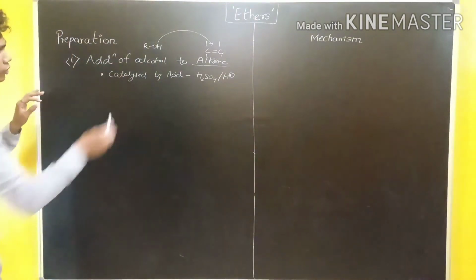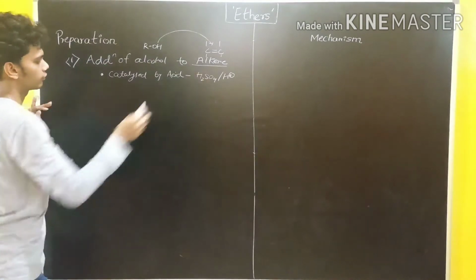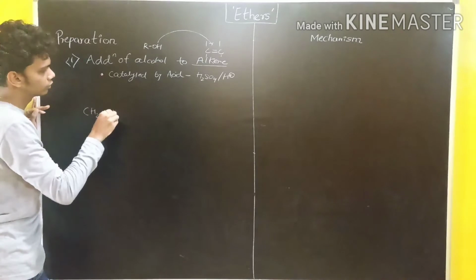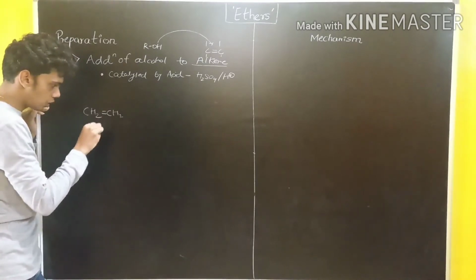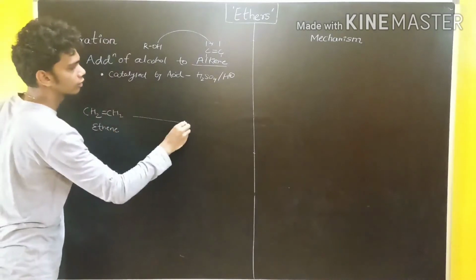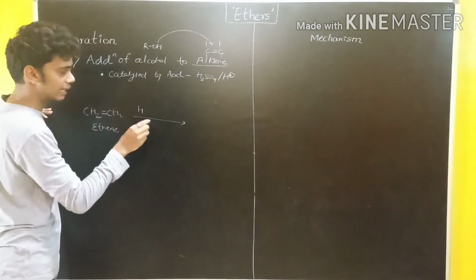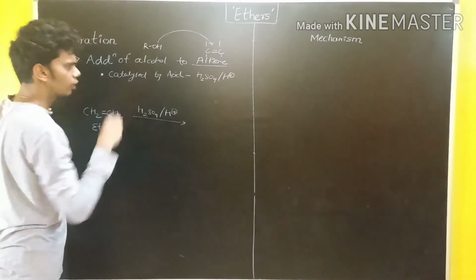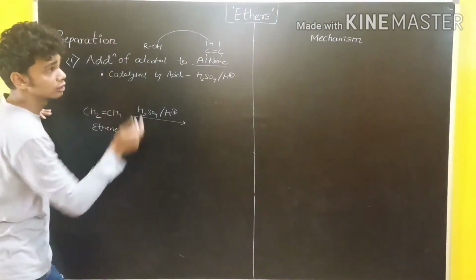So now, addition of alcohol to the alkene. What are we going to add first? Your alkene. Let's take the example of CH2=CH2, the ethene molecule. When an acid catalyst is added, I'll take H2SO4, or you can simply write H+ above the arrow, and alcohol, which is very important.